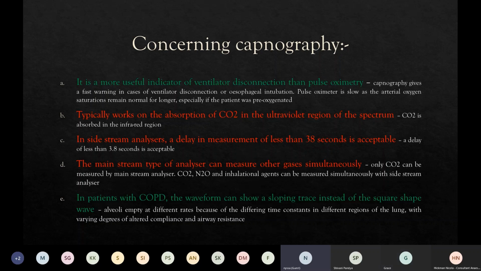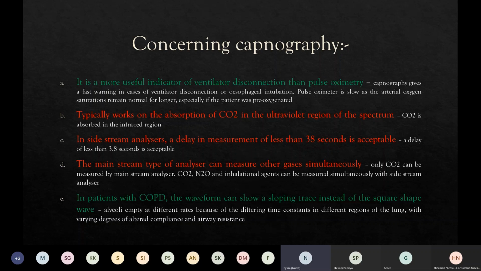Capnography obviously responds a lot more quickly than the pulse oximeter if you've had an esophageal intubation or ventilator disconnection. With the pulse oximeter, the patient will desaturate eventually, but not straight away, and their saturations will probably remain normal for quite a few minutes, especially if they've been pre-oxygenated beforehand.